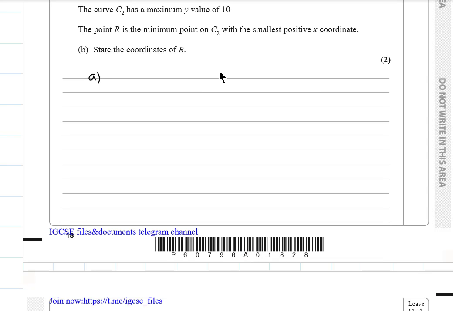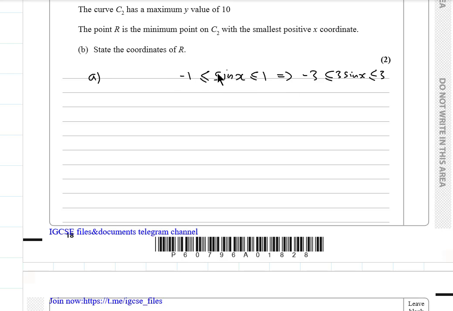Of course, we know that sine x of any angle should be between negative 1 and 1. And so 3 sine x should be between minus 3 and 3, as we multiplied by 3.